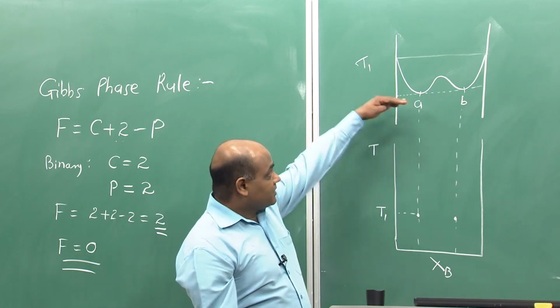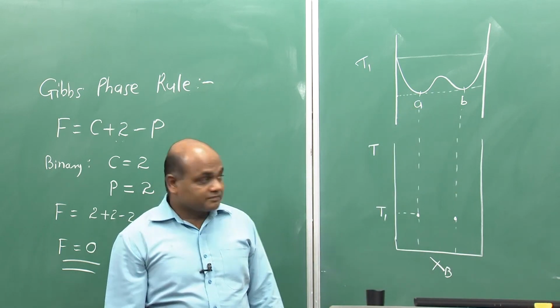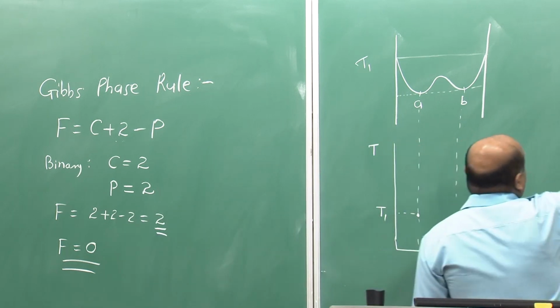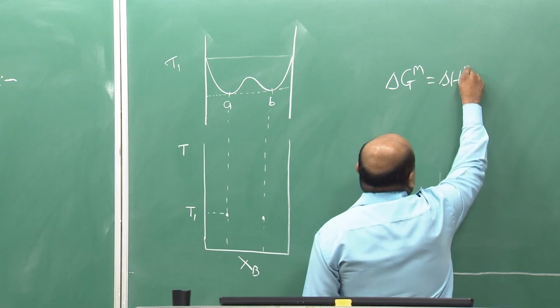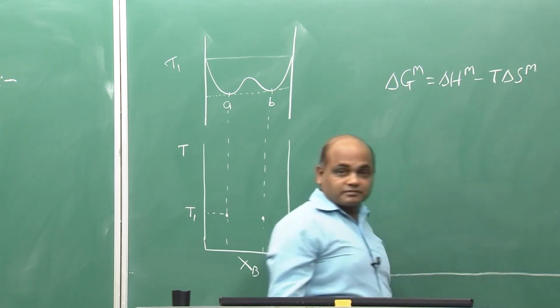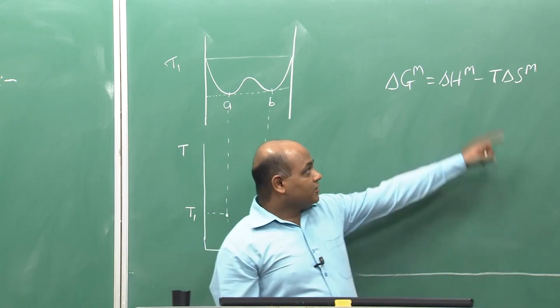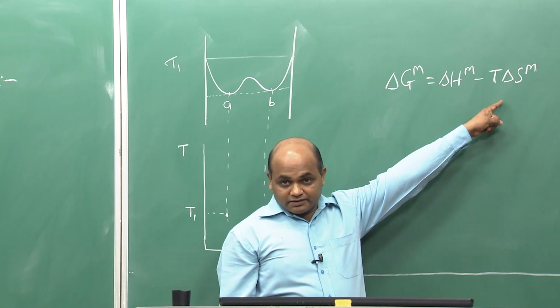As I increase the temperature, what should happen? See, delta Gm is equal to delta Hm minus T delta Sm. So, the entropy of mixing factor is multiplied by the factor of temperature, right.